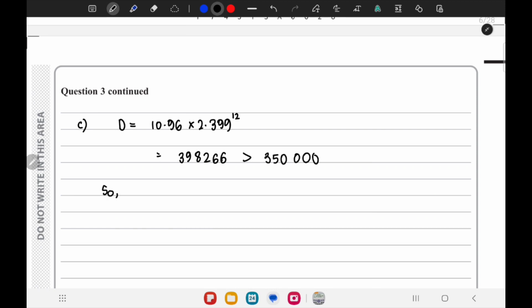So we can say that the charity will meet its aim according to the model.